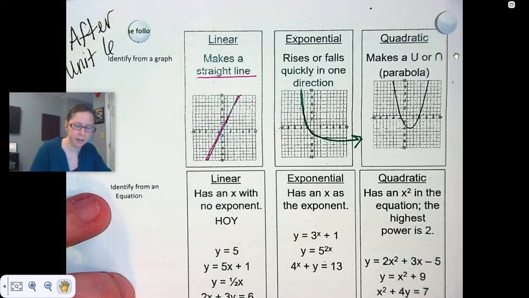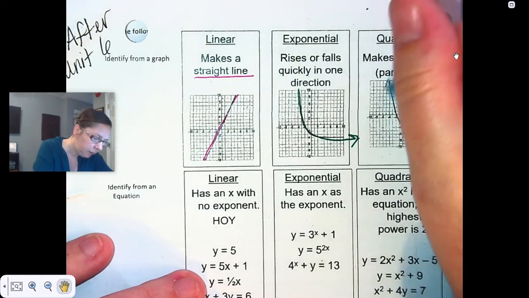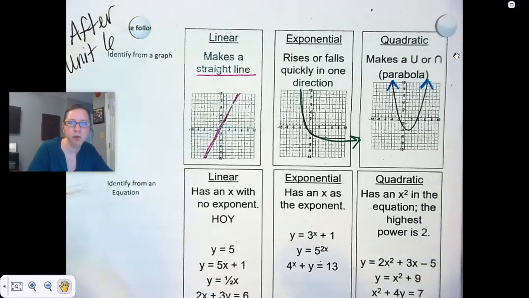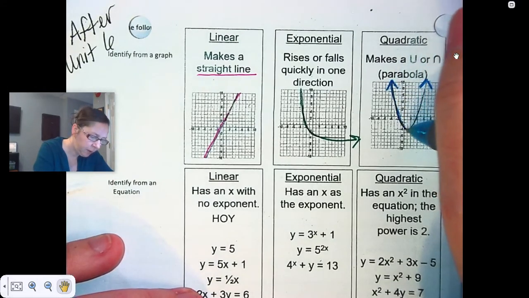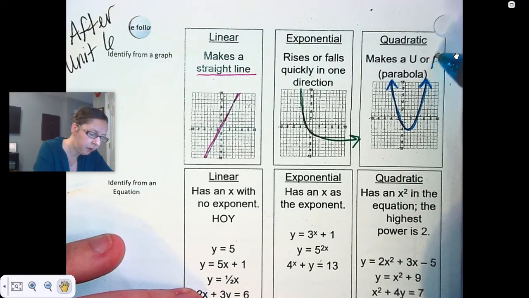And then a quadratic function makes our U-turn for us. So it's going to face up or down. It's going to face the same direction on both sides of it. And it is going to come down and then curve and go back up. Or conversely, it can go up, up, up and curve and come back down.